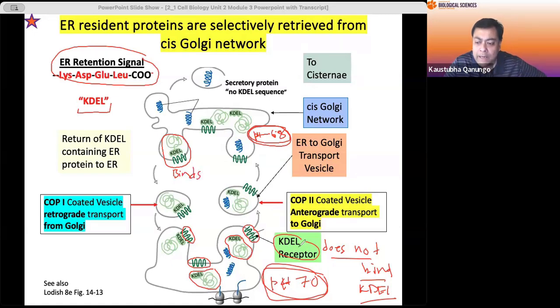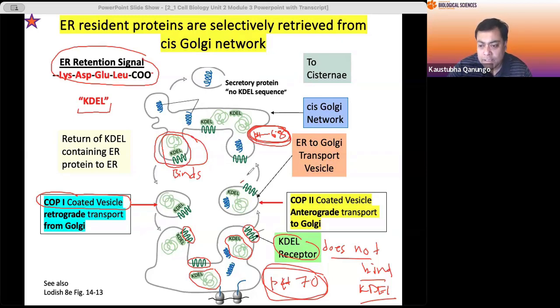So again, repeating: at pH 7, the KDEL receptor doesn't bind KDEL. But at Golgi pH 6.8, the KDEL receptor will bind KDEL, and this interaction leads to formation of the COP1 coated vesicle. So this interaction is a signal by itself to form a retrograde vesicle.